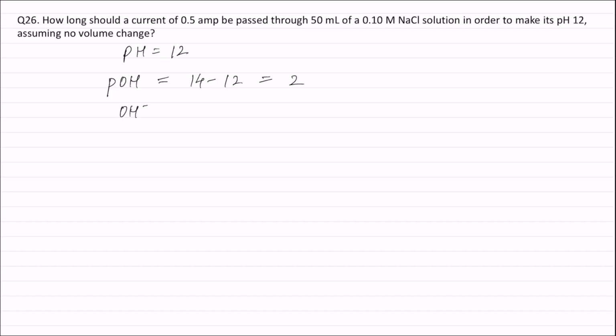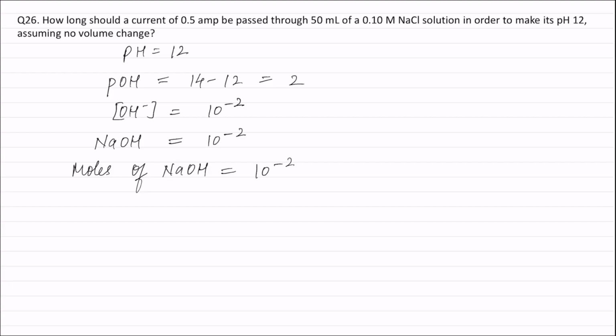Therefore OH minus ion concentration will be equal to 10 to the power minus 2, or concentration of NaOH will be equal to 10 to the power minus 2. Moles of NaOH will be equal to concentration of NaOH or molarity of NaOH, that is 10 to the power minus 2, into volume of solution in liters, that is 50 into 10 to the power minus 3 liters.